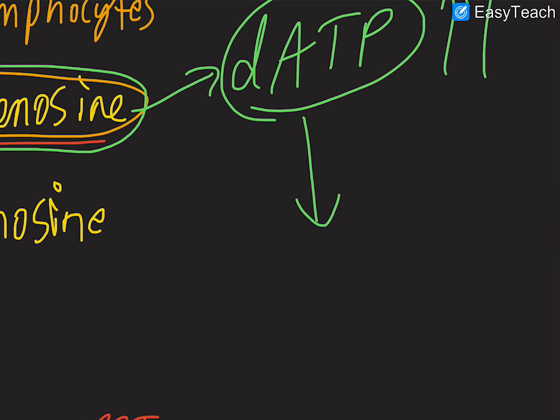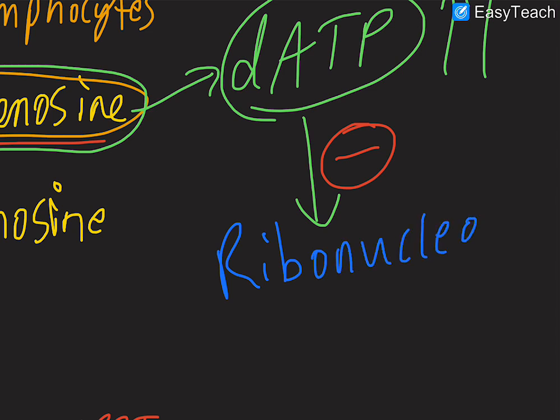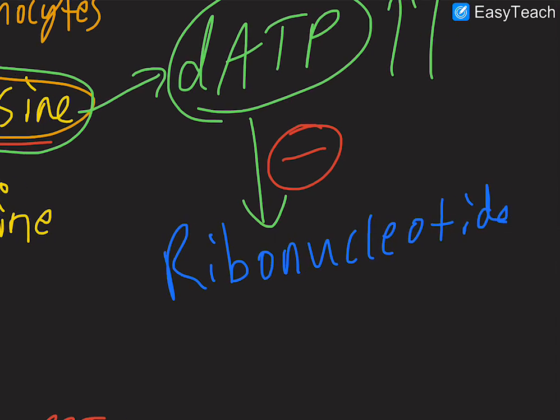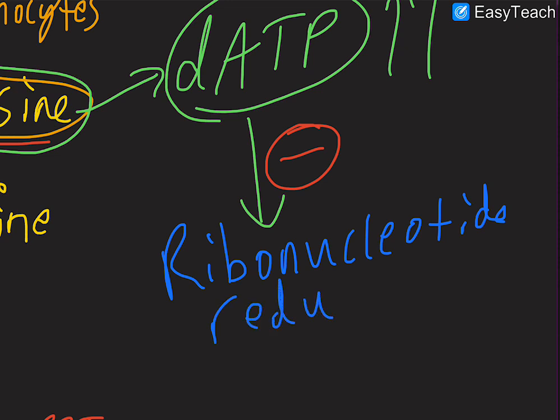Well, high levels of dATP will actually inhibit an enzyme called ribonucleotide reductase.